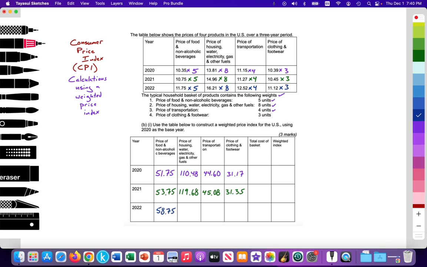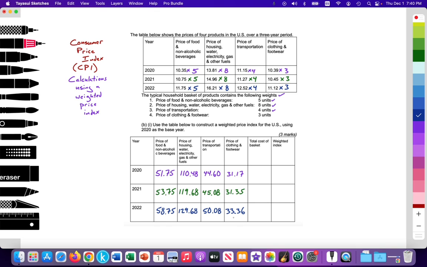Then we have 16.21 multiplied by 8, which works out to $129.68. Then we have 12.52 multiplied by 4, which works out to $50.08. And then 11.12 multiplied by 3 works out to $33.36.